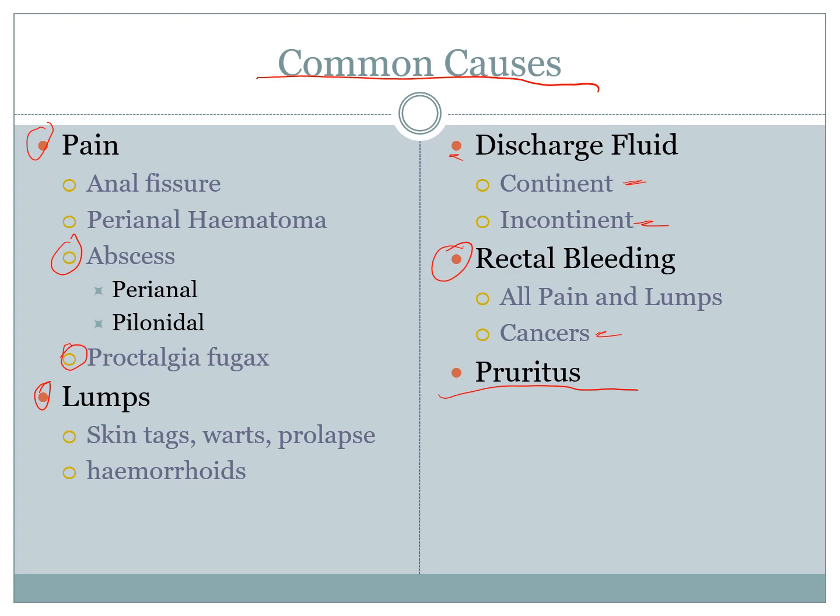People don't know what's going on, and they end up with this irritation. Okay, let's move on and we'll have a look at the consultation itself. So as always, we start with the event and we find out what reason the patient has for coming to see us. So we always listen to the story, and remember what I said about judgment. Hold all judgment, listen to the facts, and try to figure out what sort of problem the person could be having. From there, we can also look at associated symptoms.